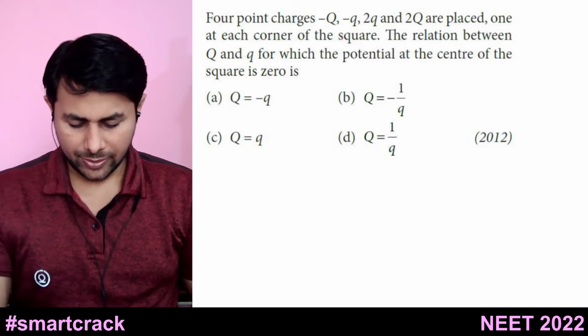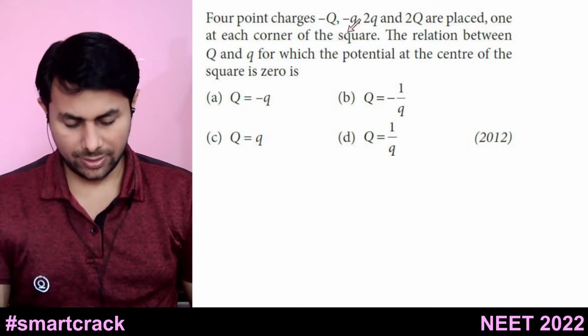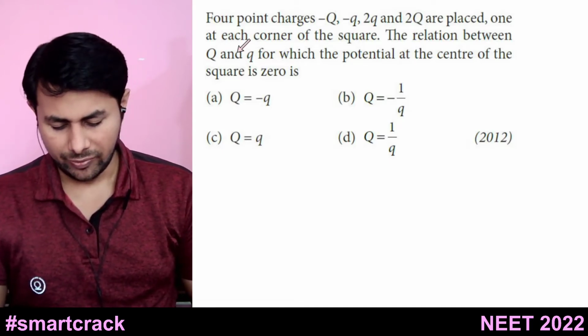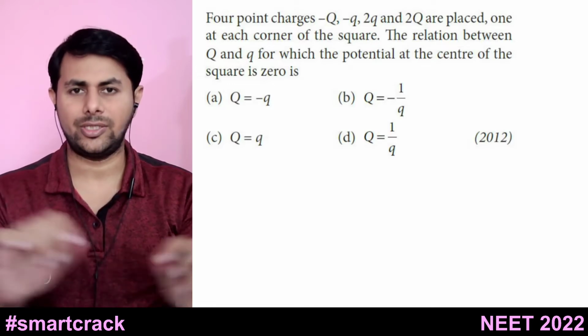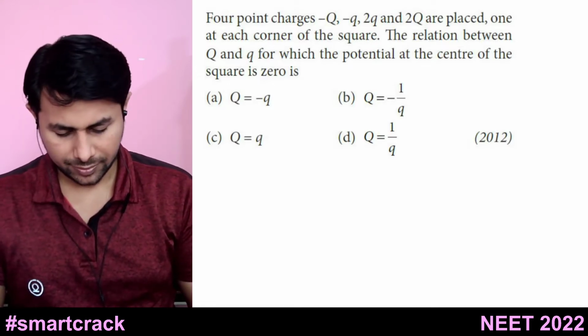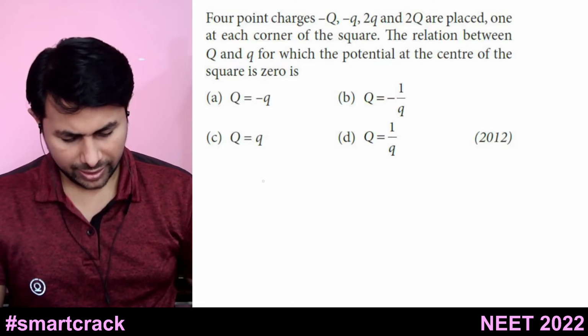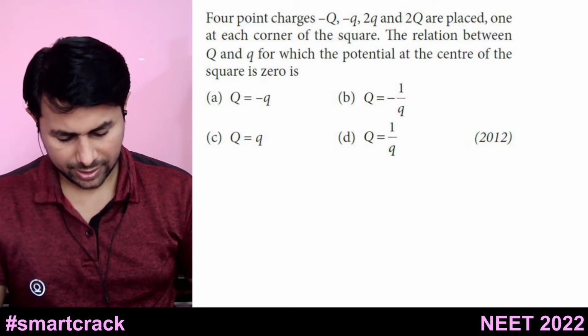After that, next question is 4-point charges minus q, minus capital Q, minus small q, 2q, and 2 capital Q are placed one at each corner of a square. So we have a square and the charges are kept one at each corner of this square.